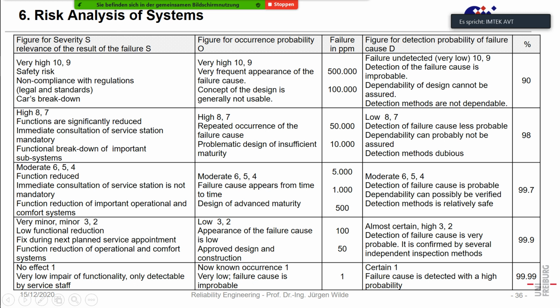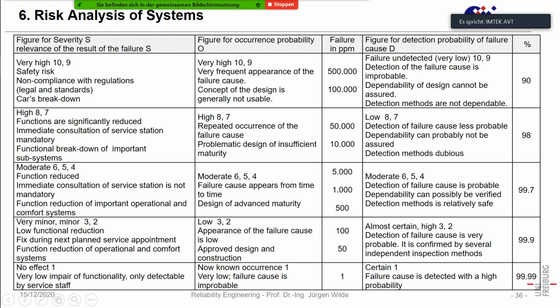For instance, it is expected to have 99.99% in order to get a Mark 1 here. On the other hand, a failure detection of 90%, that means 1 out of 10 failures or failure causes is not detected, is not sufficient. So that's a very high mark here, and that's not very good.